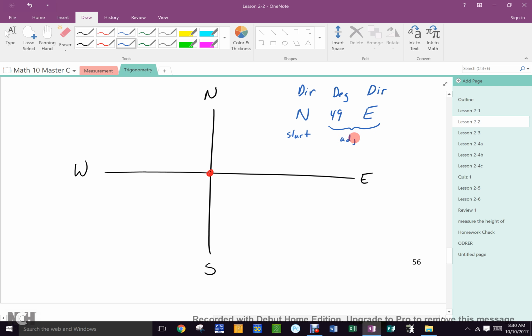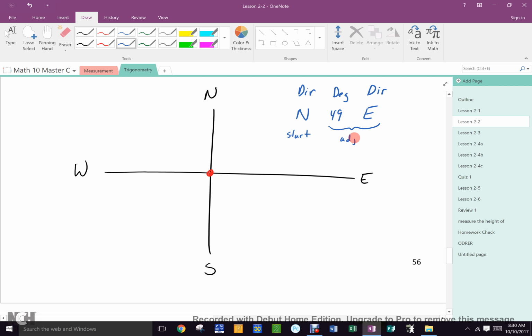Yes? Now here's how it works for trig. If I adjusted 49 degrees that way, do I have a triangle yet? Not yet, but I can get a triangle by either putting this one in here or this one up here. Does everybody understand?